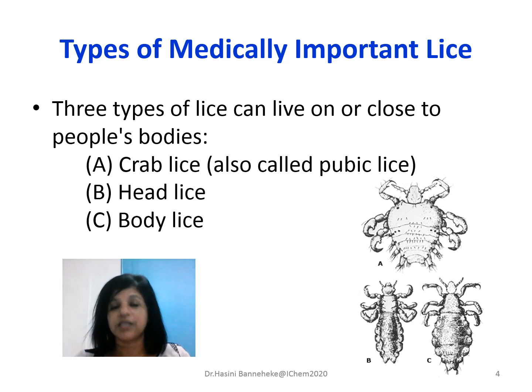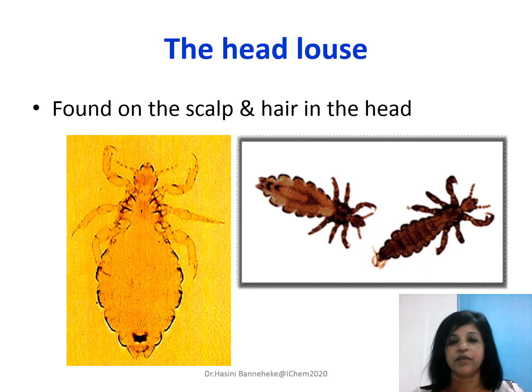So there are three types of lice which are important medically. They are the crab lice, head lice, and the body lice. Now we will talk about them in a while. We'll start off with the head louse. The ukuna that we all know, which is on the scalp and on the hair in the head.